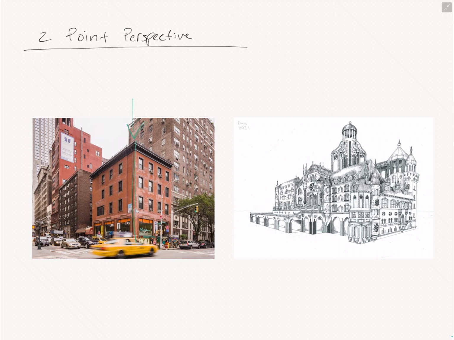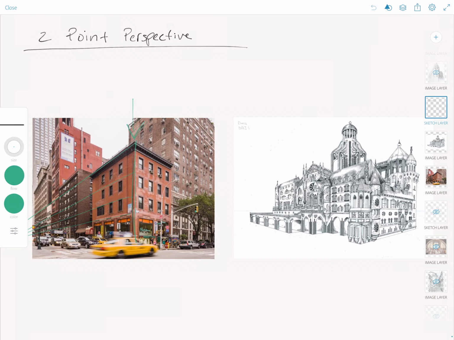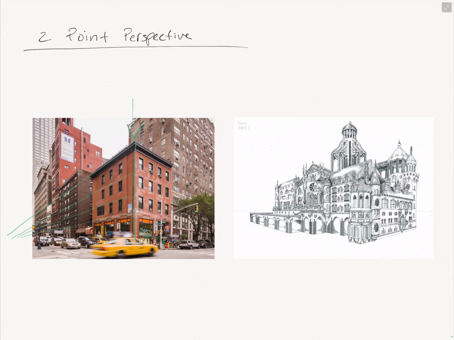And then if we start following the lines, I'm just going to follow the window lines of this building. That one was a little crooked.